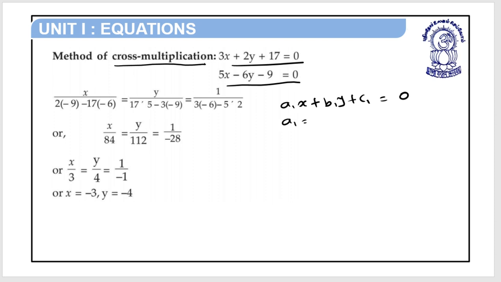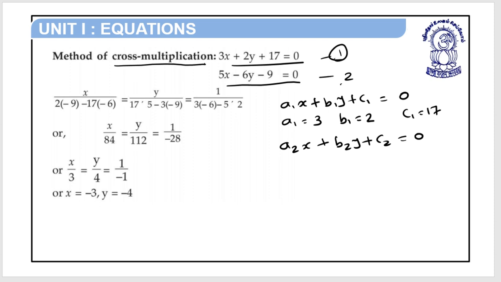Here a1 is equal to 3, b1 is equal to 2 and c1 is equal to 17. In the same way, for a2x plus b2y plus c2 is equal to 0, a2 is equal to 5, b2 is equal to minus 6 and c2 is equal to minus 9.